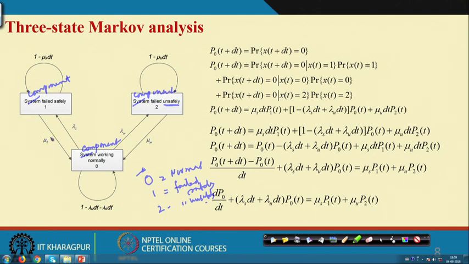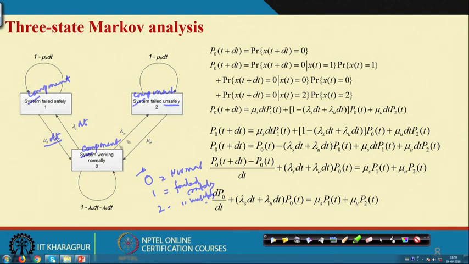So, if you multiply it by dt, then that means, if the system is at fail state, the probability that it will be in the working state is mu s dt. Suppose it is working, the probability it will transit to the fail state is lambda s dt.